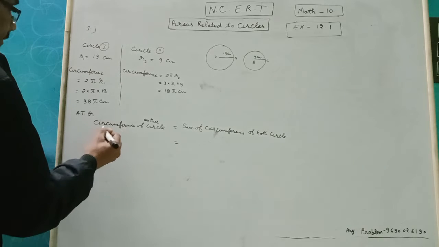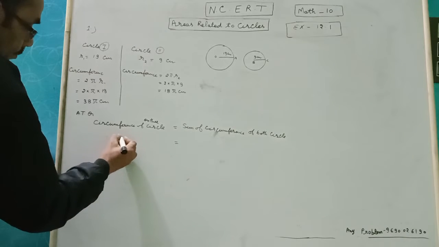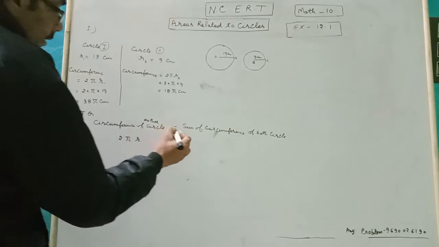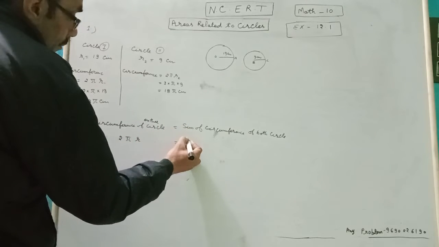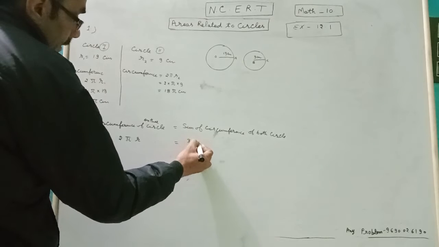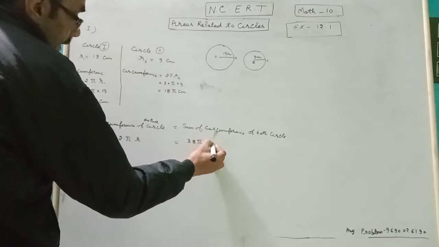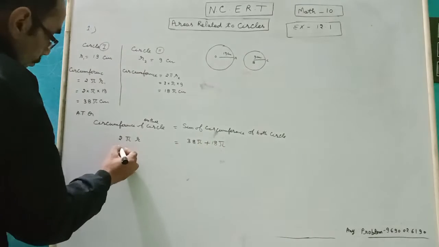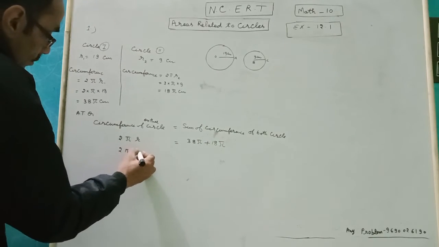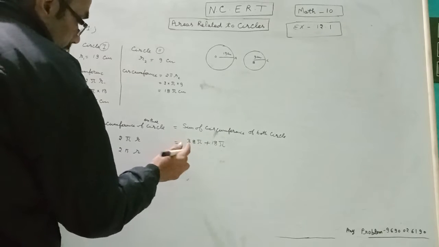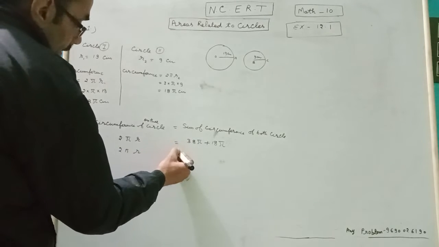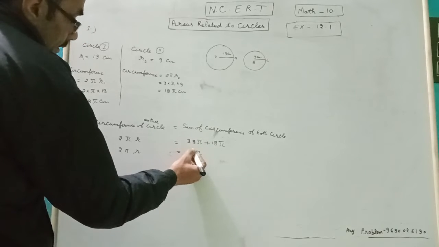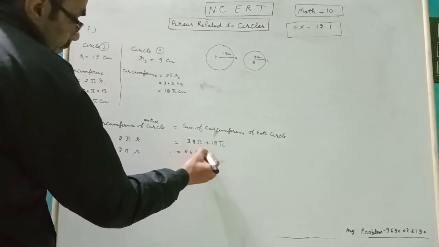Circumference of the other circle: the formula 2 pi r is equal to the sum 38 pi plus 18 pi. After adding, 2 pi r is equal to 56 pi.